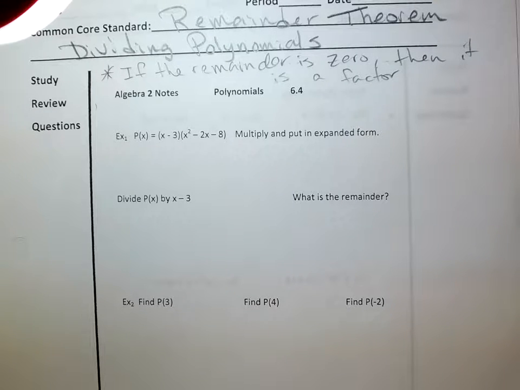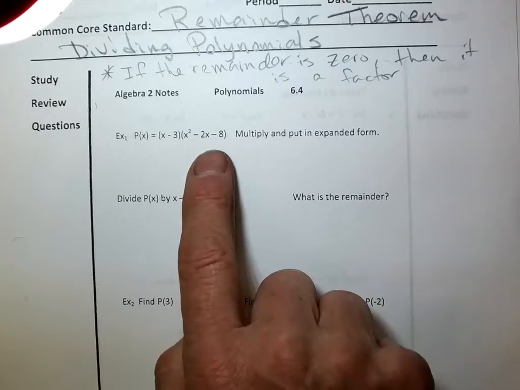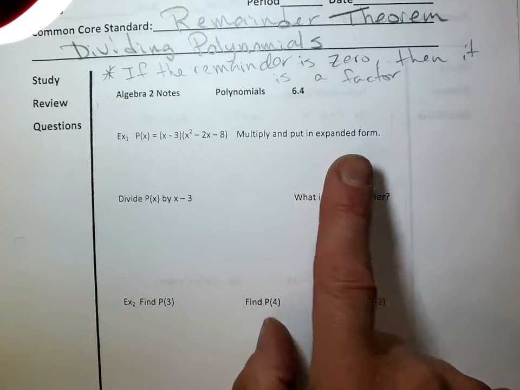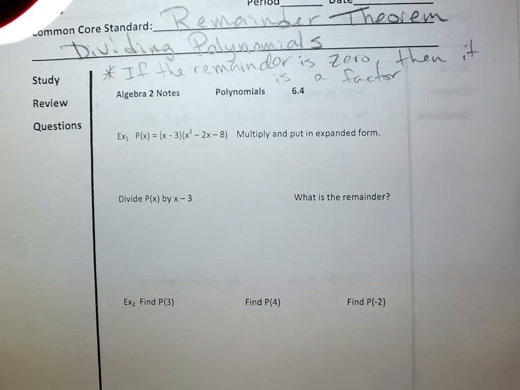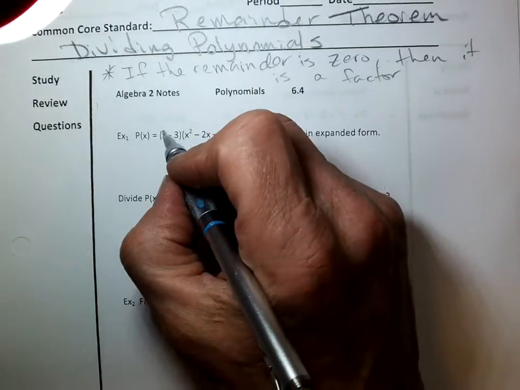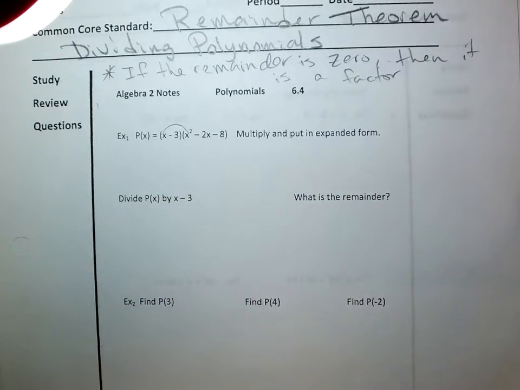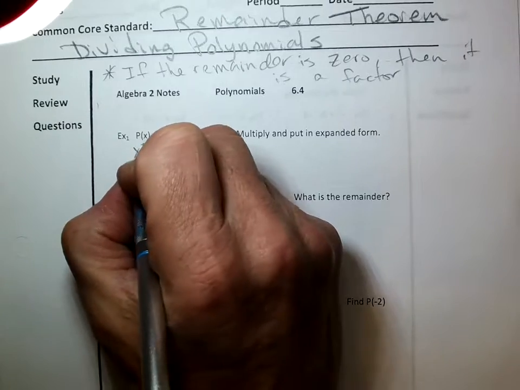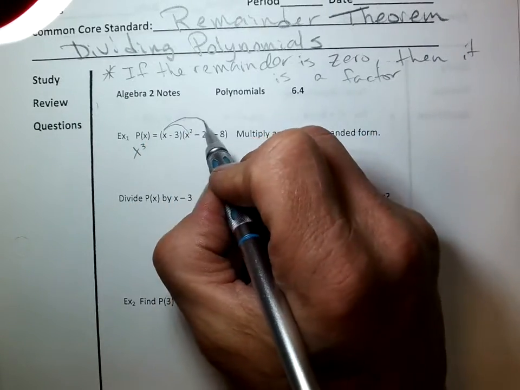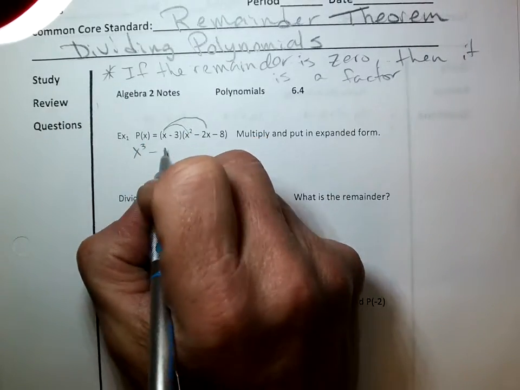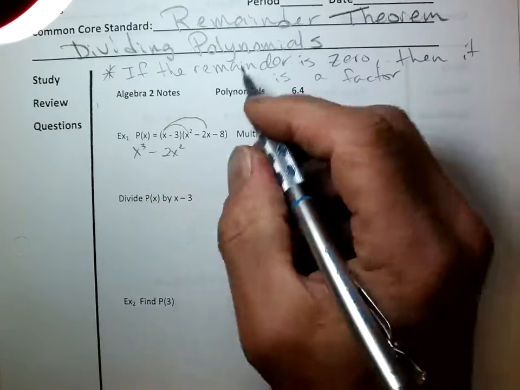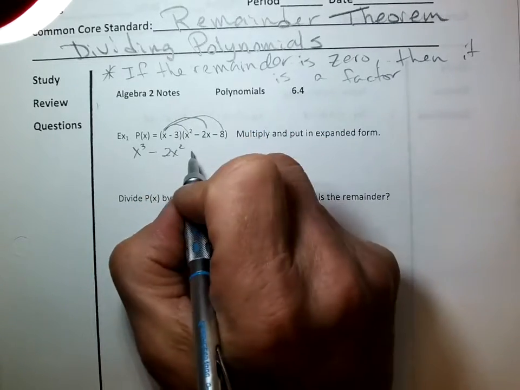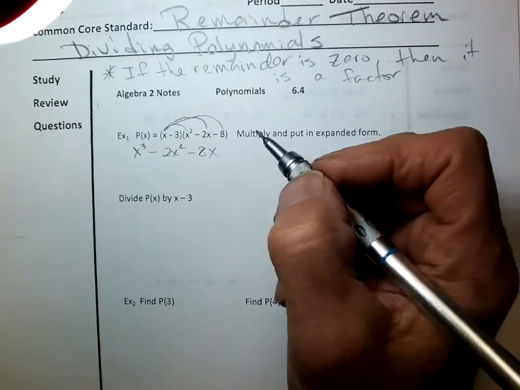All right, so let's look at example 1. Multiply and put in expanded form, okay? So, yeah, we can do that. All right, let's multiply. X times x squared is x cubed. X times a negative 2x is negative 2x squared. X times a negative 8 is a negative 8x.